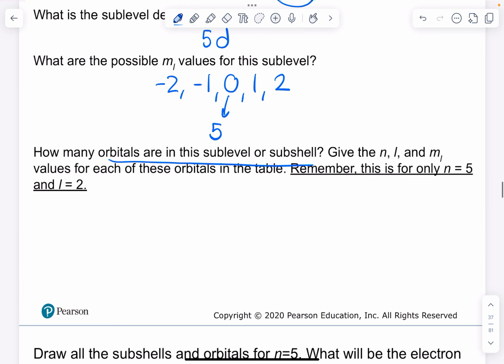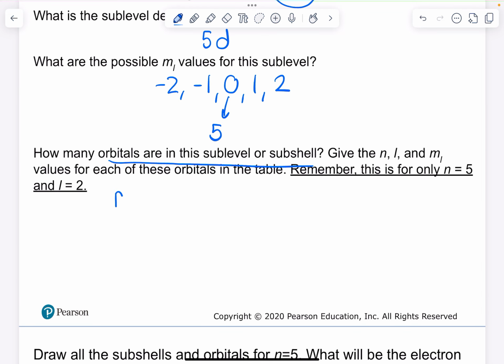All right, so I'll make my own table. N, L, and M sub L. And this is for 5 different orbitals, so I'm just going to say 1, 2, 3, 4, 5, because I know there are 5 orbitals. So n equals 5, which means every single one of these has an n value of 5.